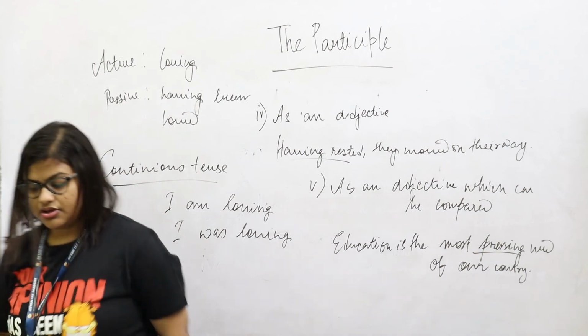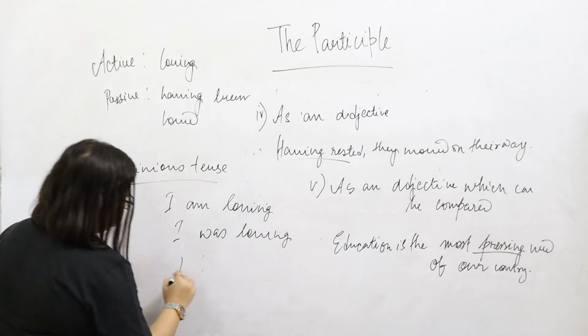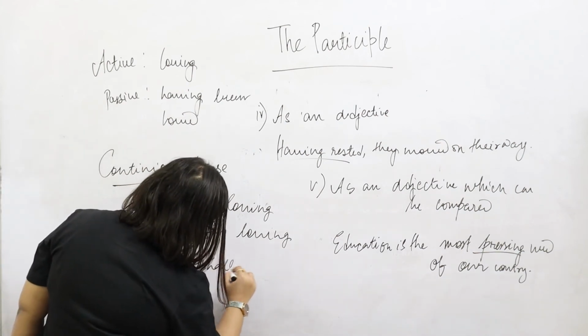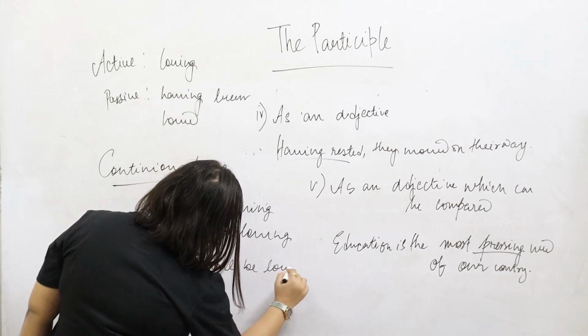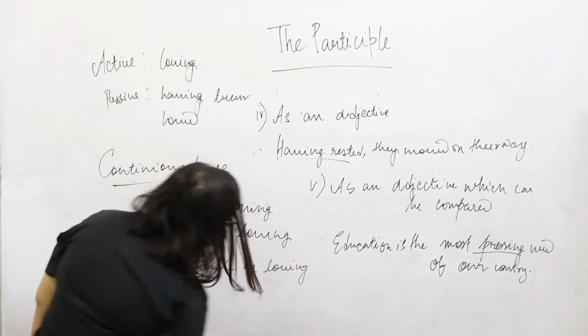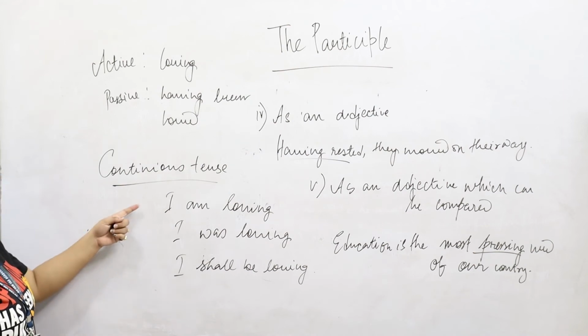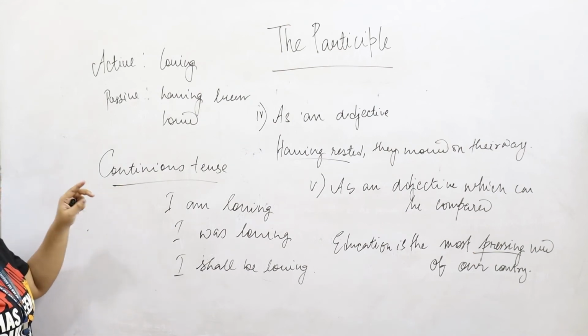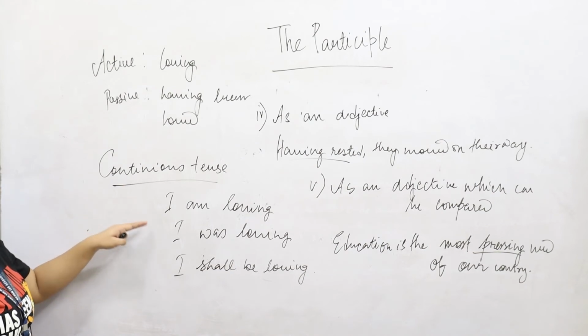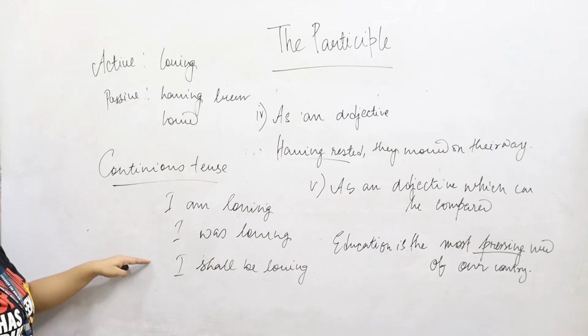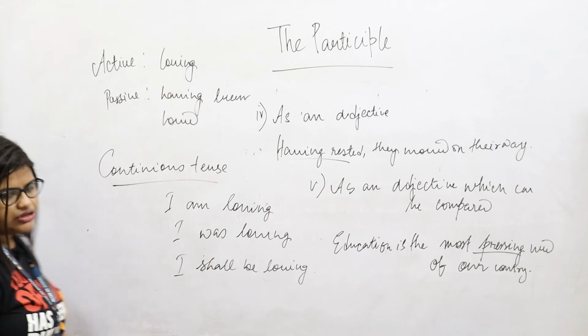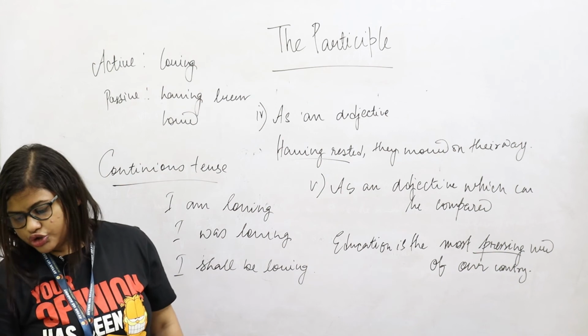Future would be I shall be loving. So this is not entirely new for you, because when we covered the tenses we did this also. I am loving is in the present form, the past is I was loving, and the future would be I shall be loving. So that's in the continuous tense.